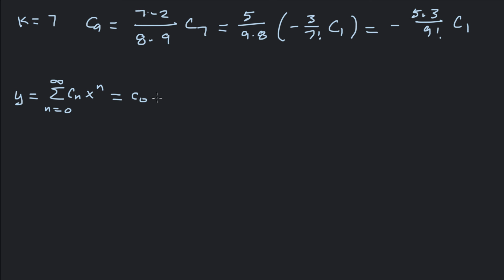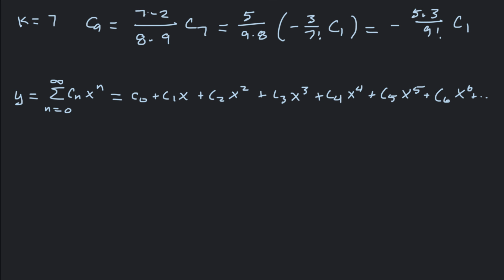That's C0 plus C1x plus C2x squared plus C3x cubed plus C4x to the 4 plus C5x to the 5th plus C6x to the 6th plus, you keep going. Now we know all the even terms greater than 2 are going to be 0, so actually we can just forget about all the even terms greater than or equal to 4.